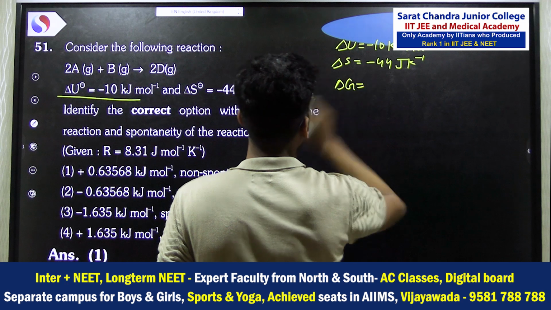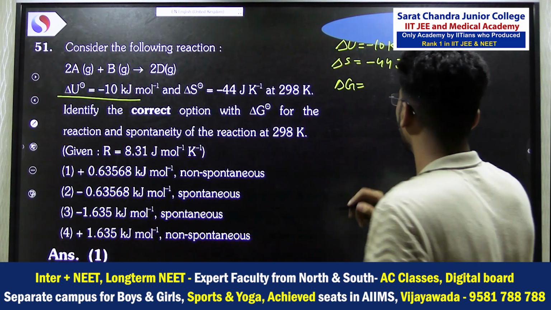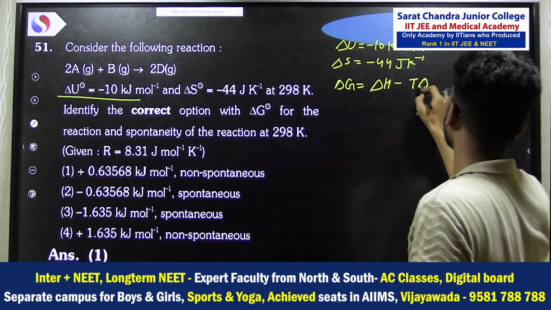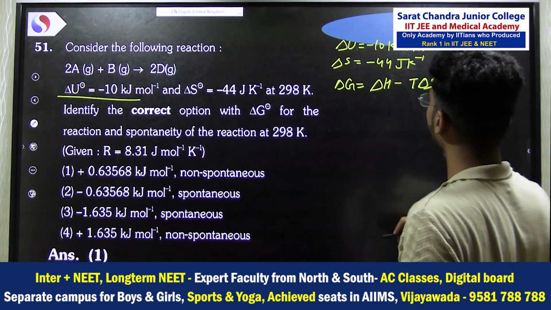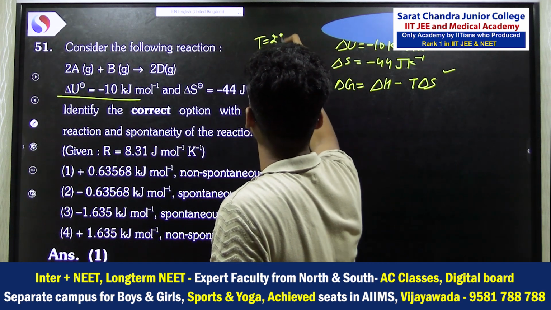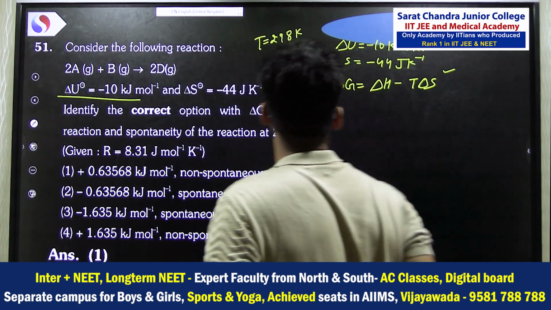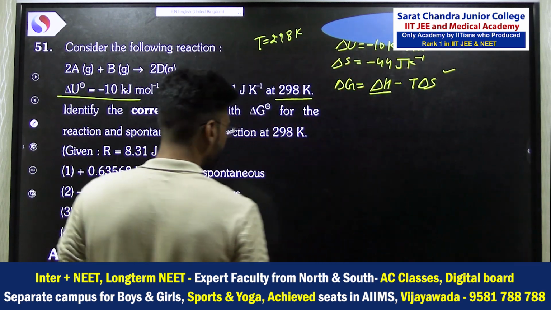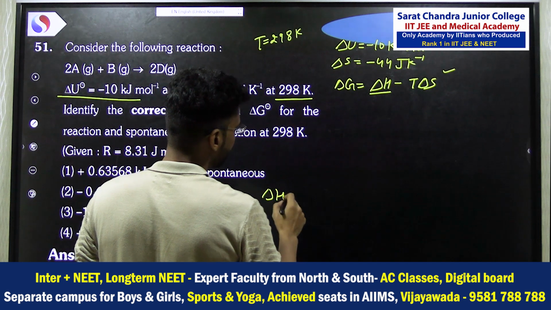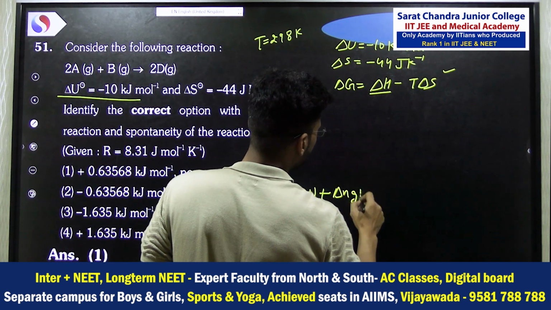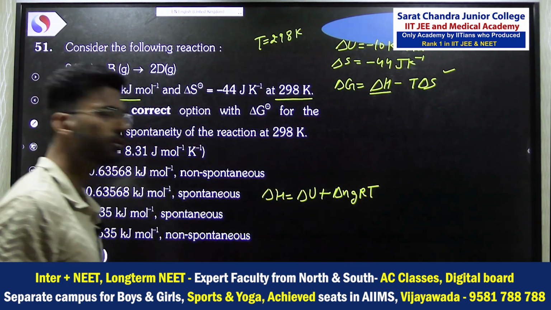Again, we know the direct formula: delta G equals delta H minus T delta S. Delta S is given, and temperature is also given, 298 Kelvin. Delta H is not given, so we can calculate it. I know that delta H equals internal energy plus delta Ng RT.